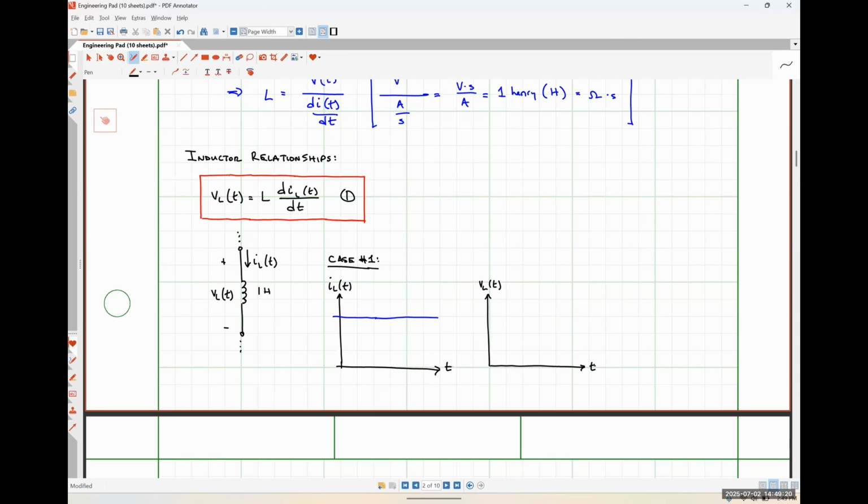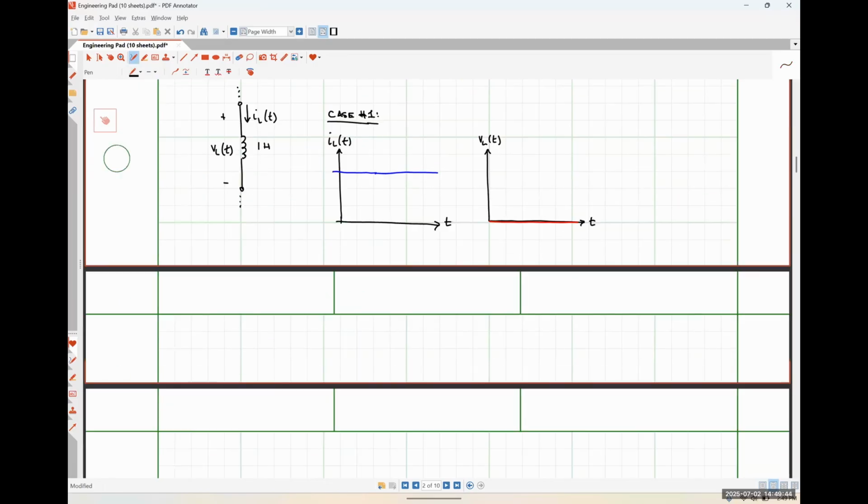Thank you. So if our current isn't changing, then we cannot induce a voltage drop across the terminals of our inductor. So essentially what we'll see is that for any constant current, the voltage drop across our inductor is just zero.